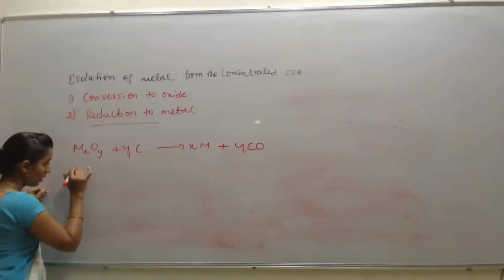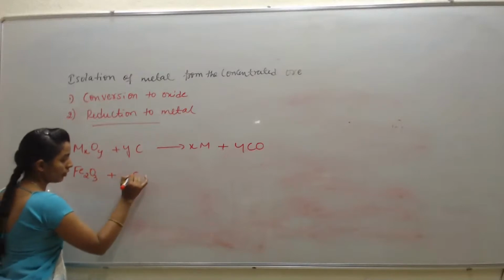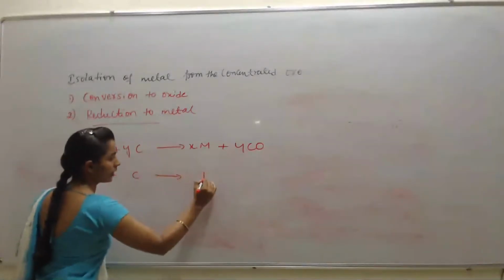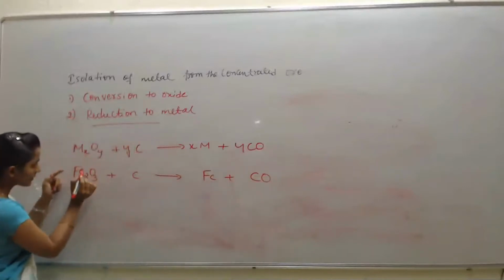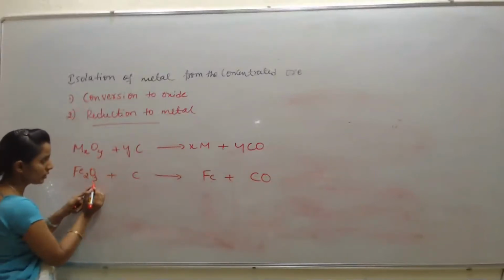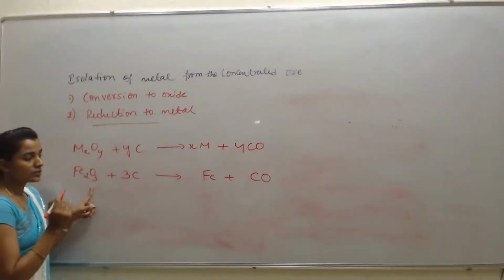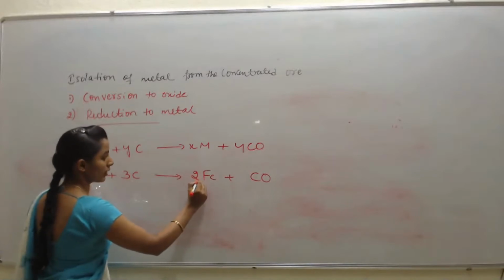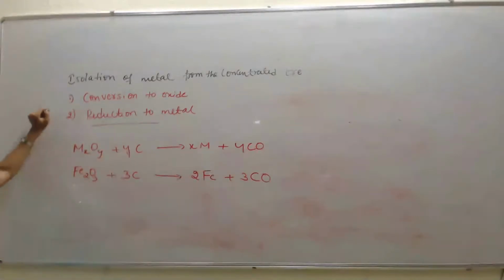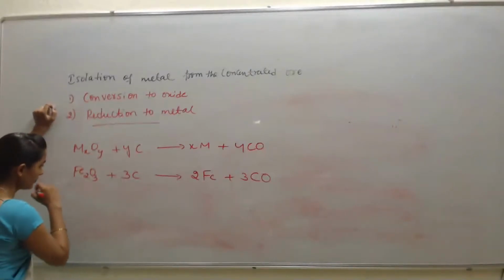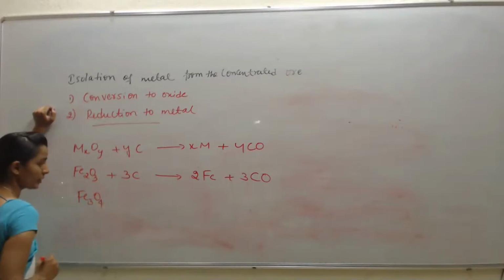So listen, Fe2O3 is there. We don't know how much carbon we require. Fe will separate out. Here x is 2 and y is 3, so we require 3 moles of carbon. So 2 Fe comes with 3 CO. Next, another one: Fe3O4 is there.